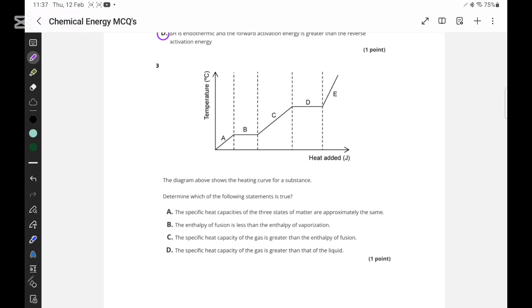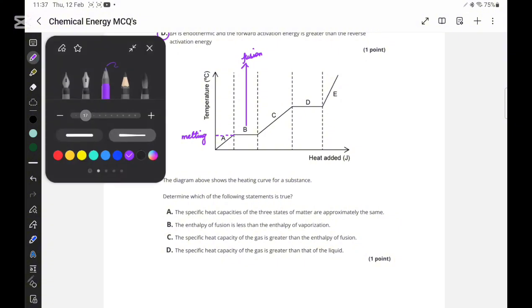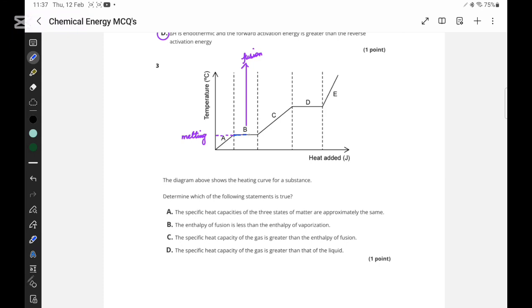So in this question, if you see this place, what is happening at this place? That is melting. And for melting, we also call it fusion. The length of this place is representing the enthalpy of fusion.